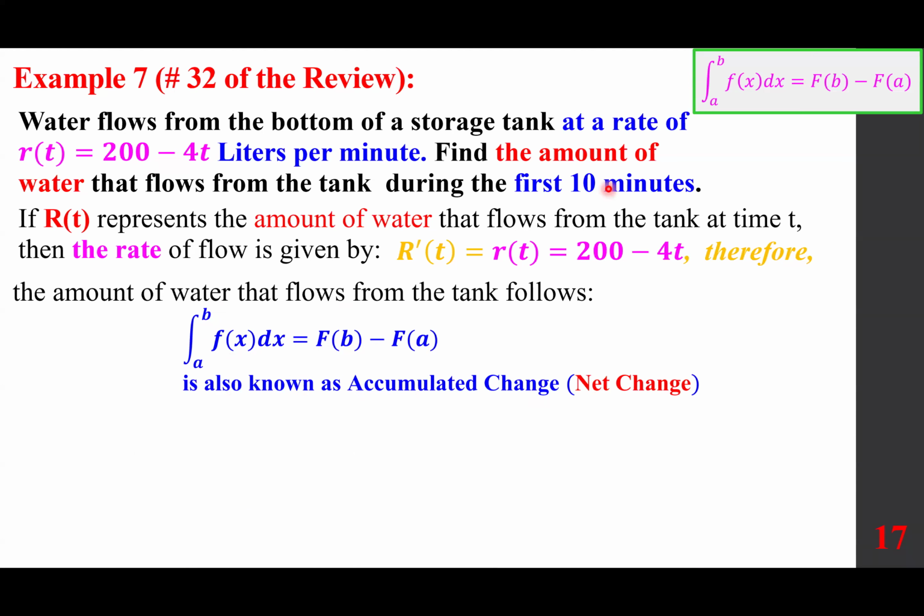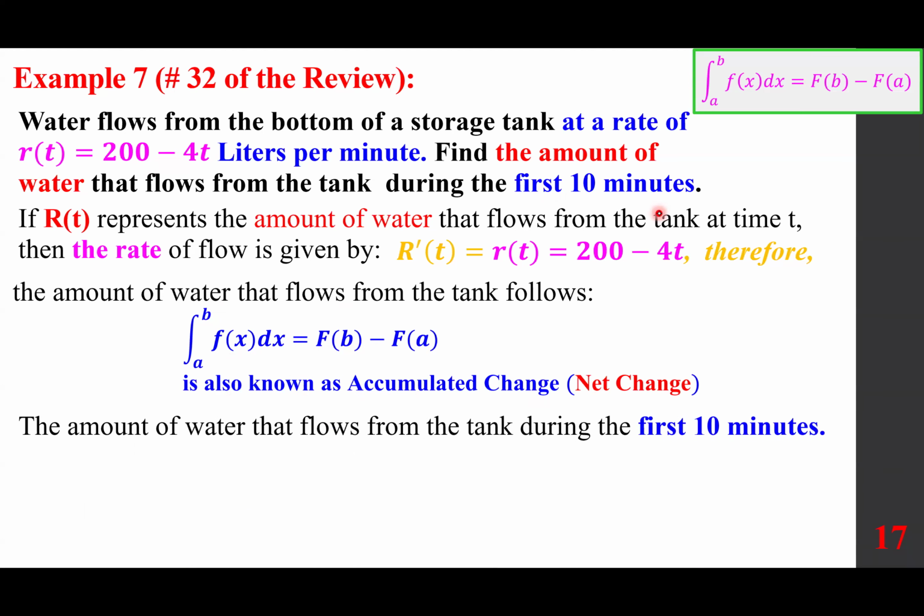So for the first 10 minutes, a to b would be 0 to 10. F of x dx is the rate, 200 minus 4t dt. So the integral from a to b of r of t dt. So the integral from 0 to 10 of 200 minus 4t dt.